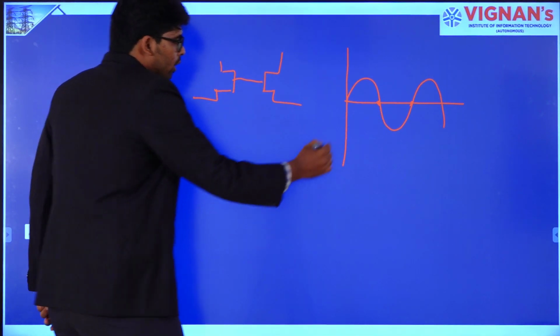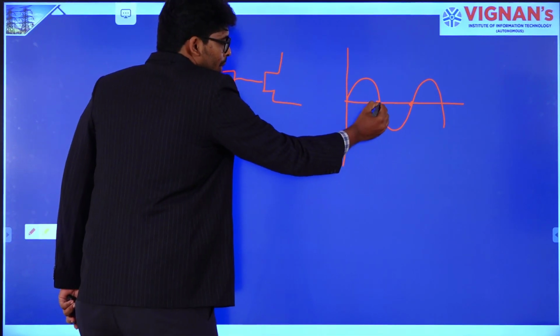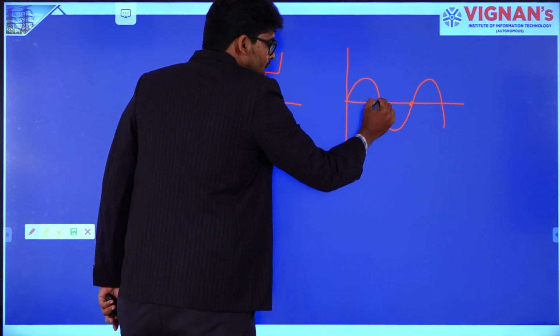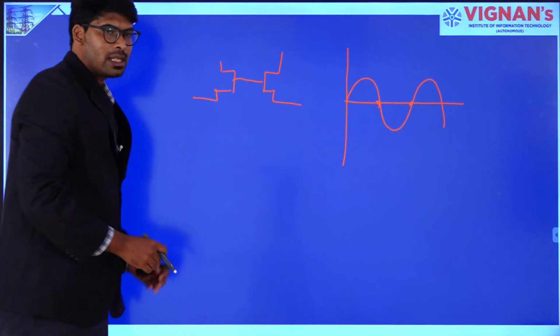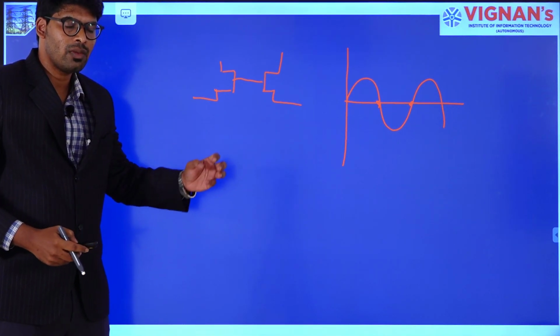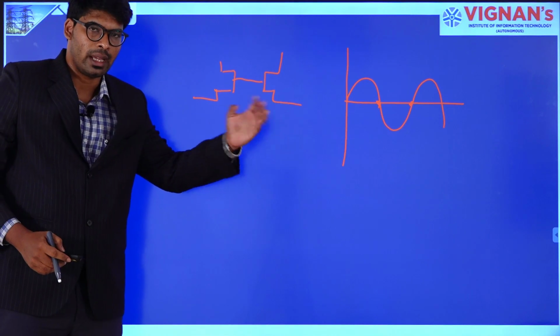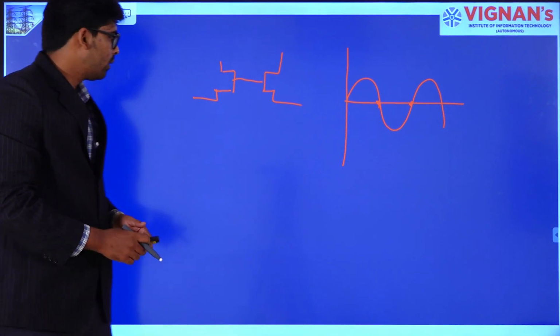If you choose this point to break the contact, the impact of restriking voltage is less. Restriking voltage will be less at this point. As I said before, if the restriking voltage increases, there is a possibility of the arc striking again. So to minimize that, we use this point.